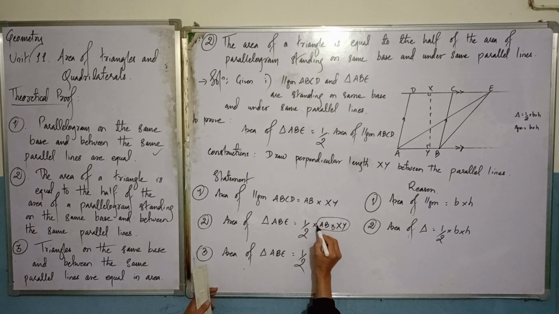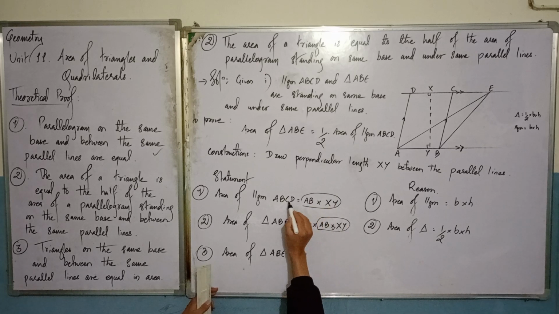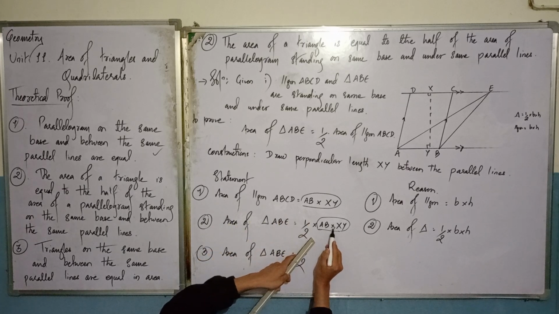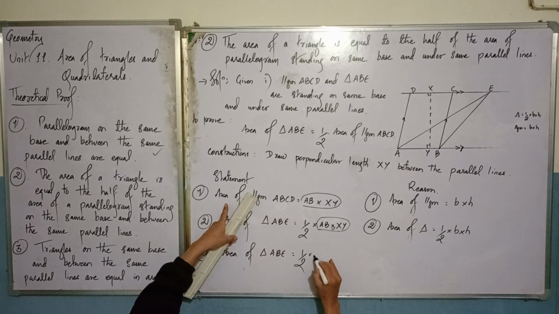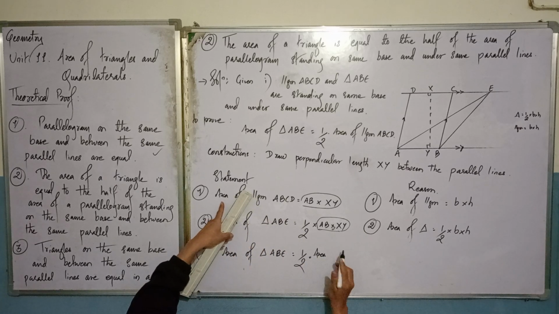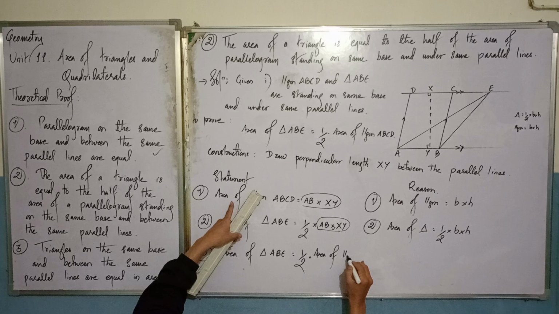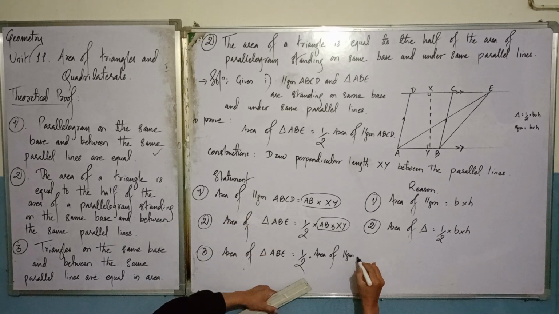This AB times xy is equal to area of parallelogram ABCD. So replace AB into xy by area of parallelogram ABCD.